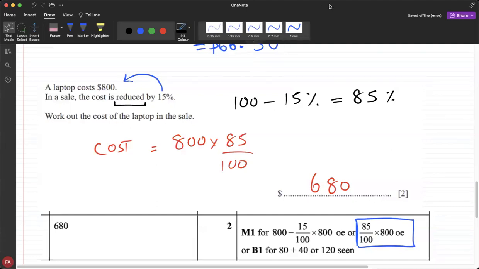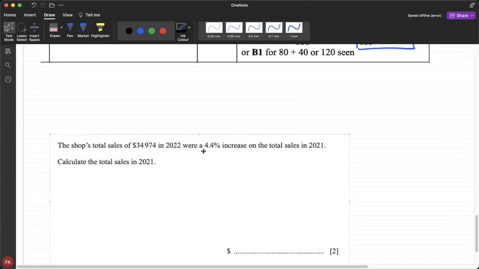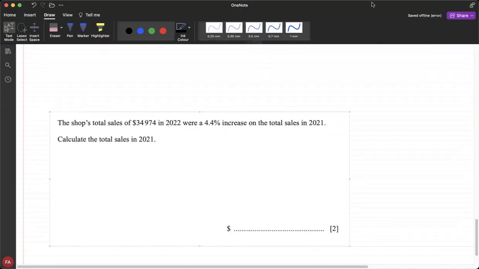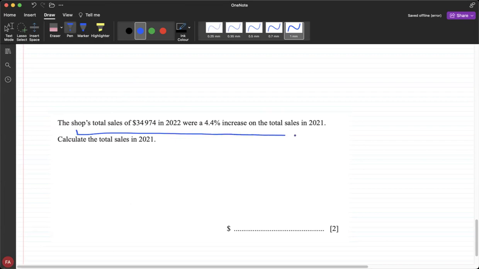All right, so let's continue with our practice. If you check out this question, it's a little different to the ones we have done, because now the question is not asking you about the percentage increase or decrease. Instead, they've given you this. The question says the shop's total sales of 34,974 in 2022 were a 4.4% increase on the total sales in 2021.